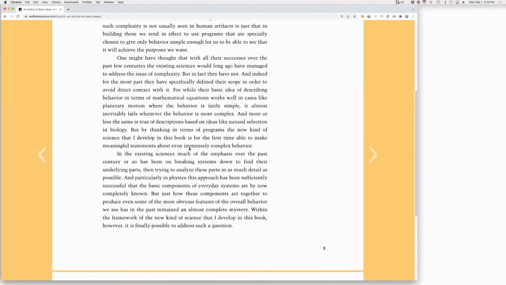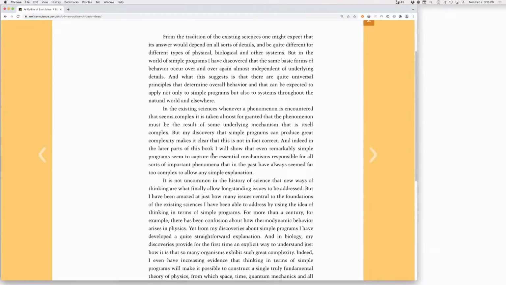And particularly in physics, this approach has been sufficiently successful that the basic components of everyday systems are by now completely known. But just how these components act together to produce even some of the most obvious features of the overall behavior we see in the past remained almost a complete mystery. Within the framework of the new kind of science that I develop in this book, however, it finally becomes possible to address such a question.